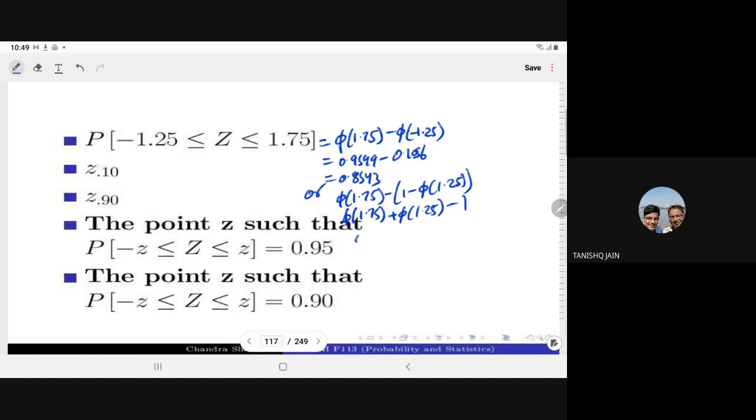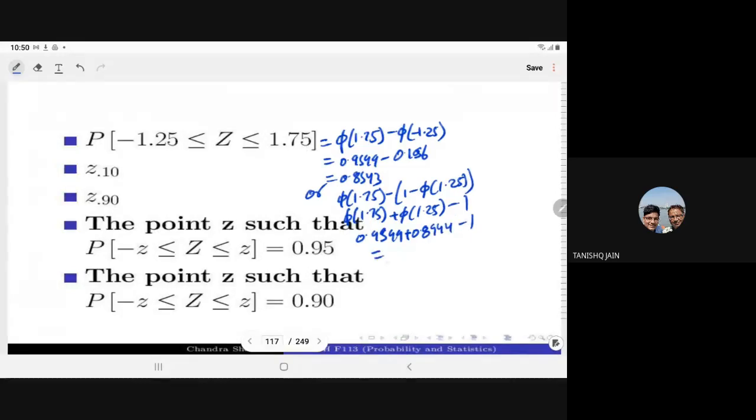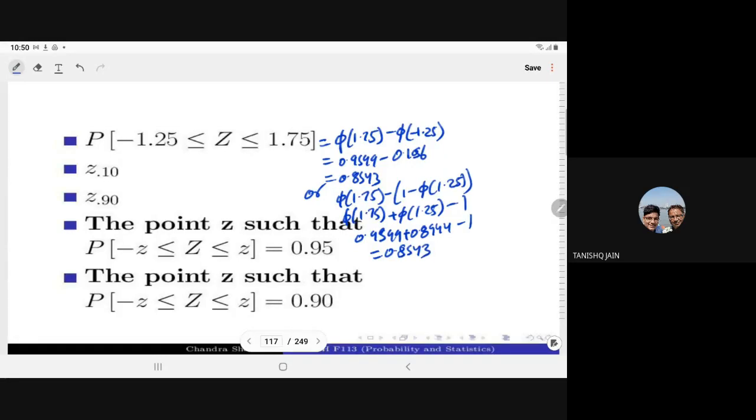So this will become 0.9599 plus 0.8944 minus 1. So again you will get the same thing. It depends on the availability of the table. If the positive Z is given to you, then from that you can compute. Otherwise, we have the table also.